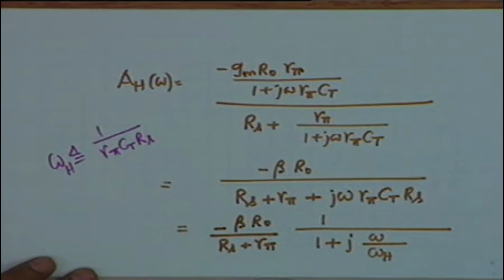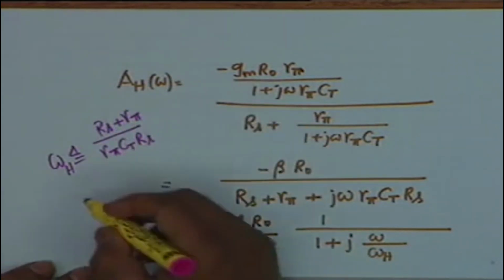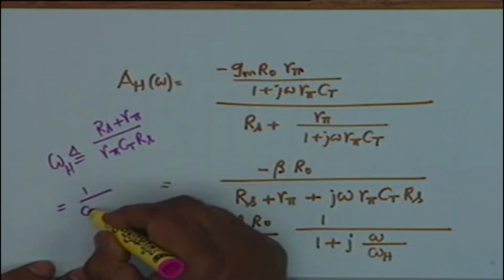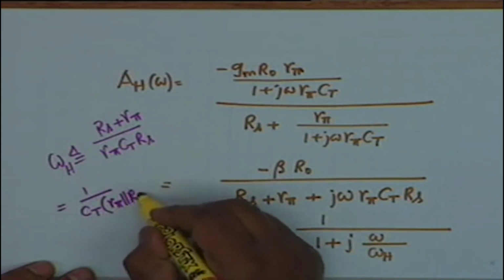No, not quite. Into Rs plus R pi. And don't you see that this is simply 1 over Ct times R pi parallel Rs.